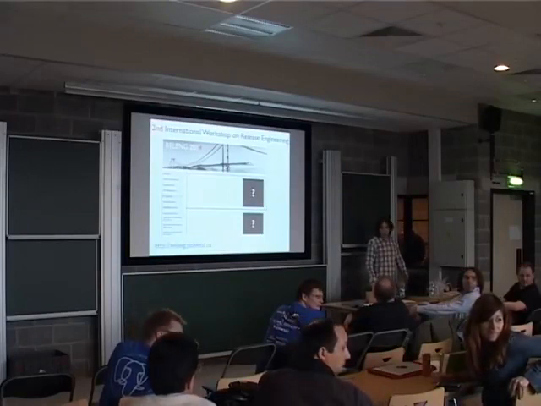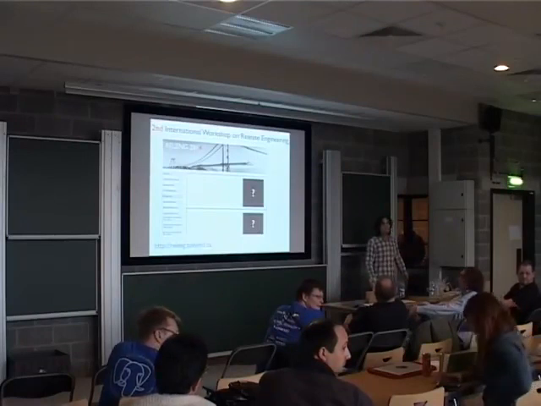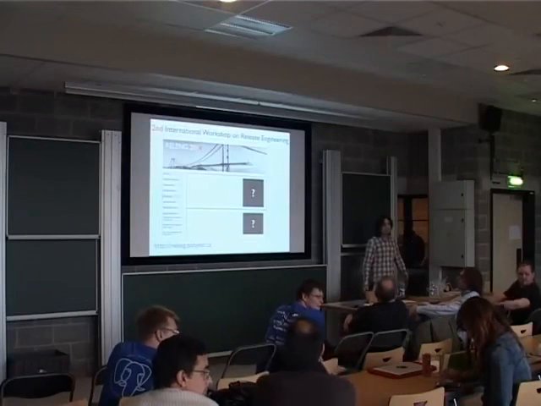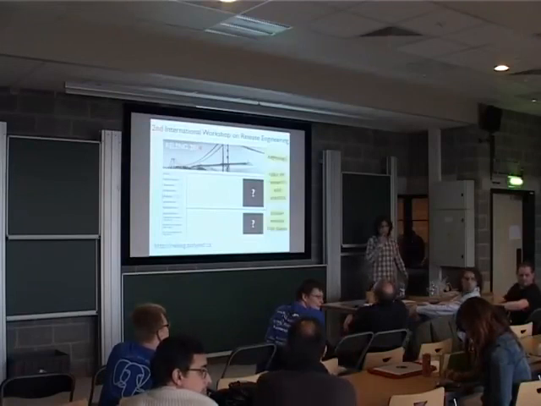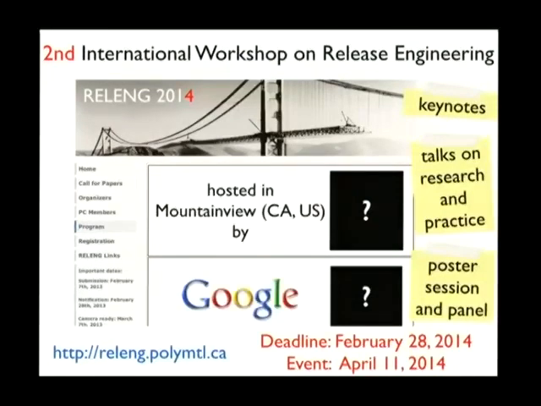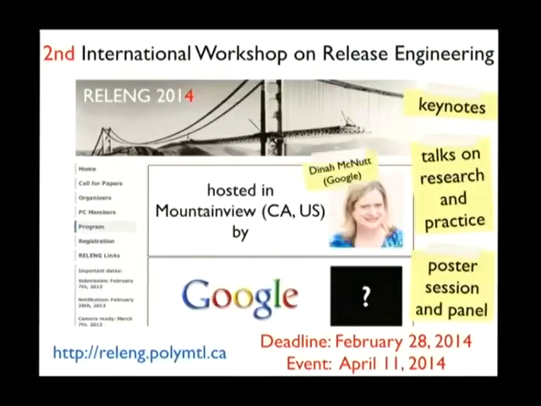This year we're doing it again because it was quite a big success. We had people from Google, LinkedIn, Netflix, also from open source there. This time it will be hosted by Google in Mountain View. The deadline is February 28th, so you can send a small abstract there. The event itself is the 11th of April. We already have a speaker from Google, Dina over there, and there's another big name speaker coming. So the deadline is still open, so feel free to submit.